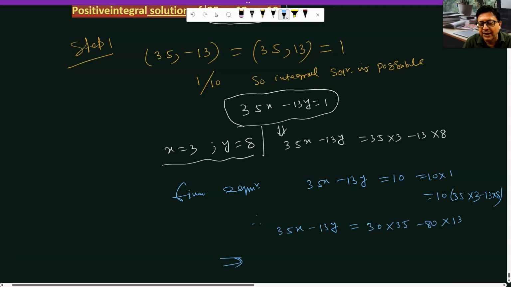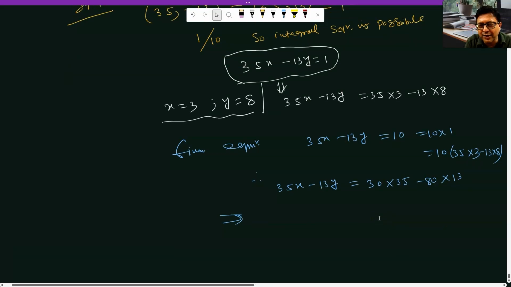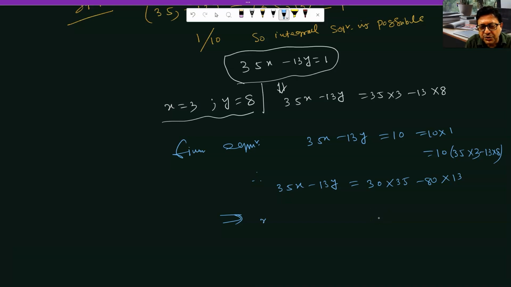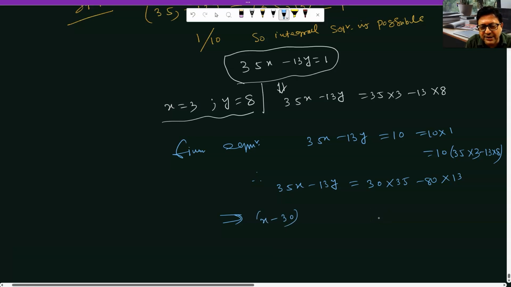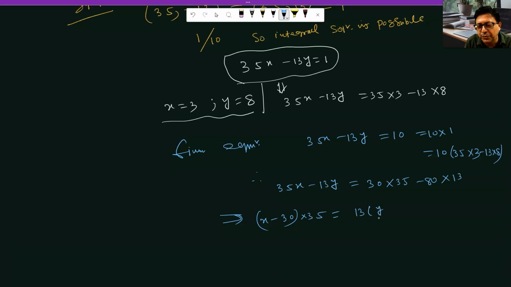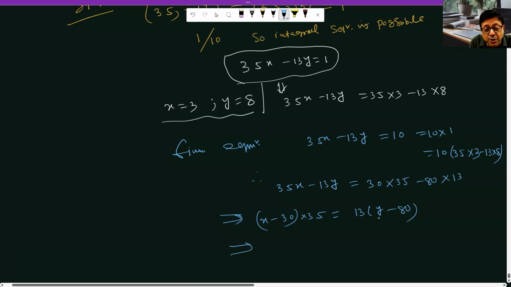Clear? Now take all 35s together on the left side. So it will be x minus 30 into 35 equal to 13 into y minus 80. Obviously 35 and 13 don't have a common factor, so dividing one of them by the other is not an integer. So what I'll do, I am in search of an integer.